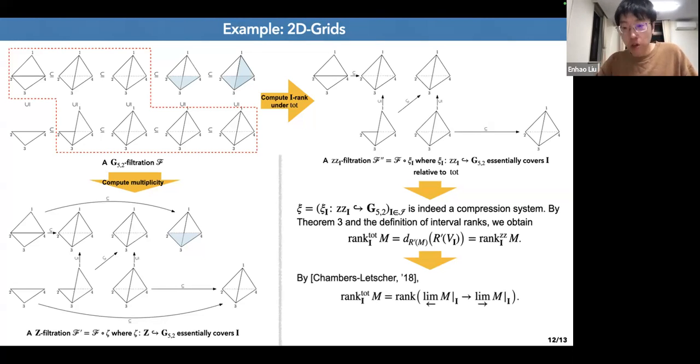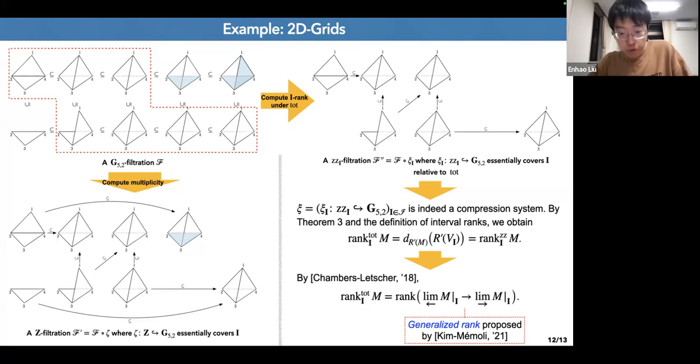It is already known, by Chambers and Letscher in 2018, that the total rank invariant, the total rank, is nothing but the rank of the limit to colimit. And by Kim and Mémoli, the rank of the limit to colimit on the right-hand side is known as the generalized rank invariant.